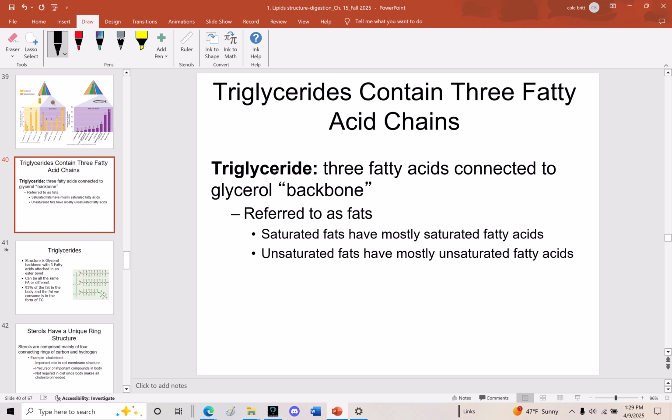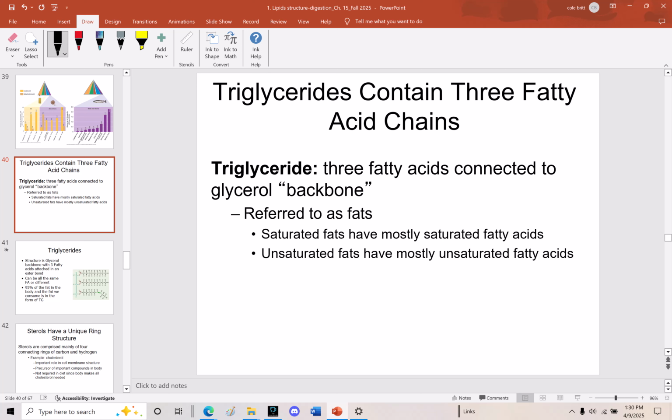It's a little more complex than that, but it's basically a 3-carbon molecule. And each one of these carbons is going to be connected to a fatty acid. That's a triglyceride. So a 3-carbon molecule, which is a glycerol, and 1 fatty acid attached to each one of those carbons.